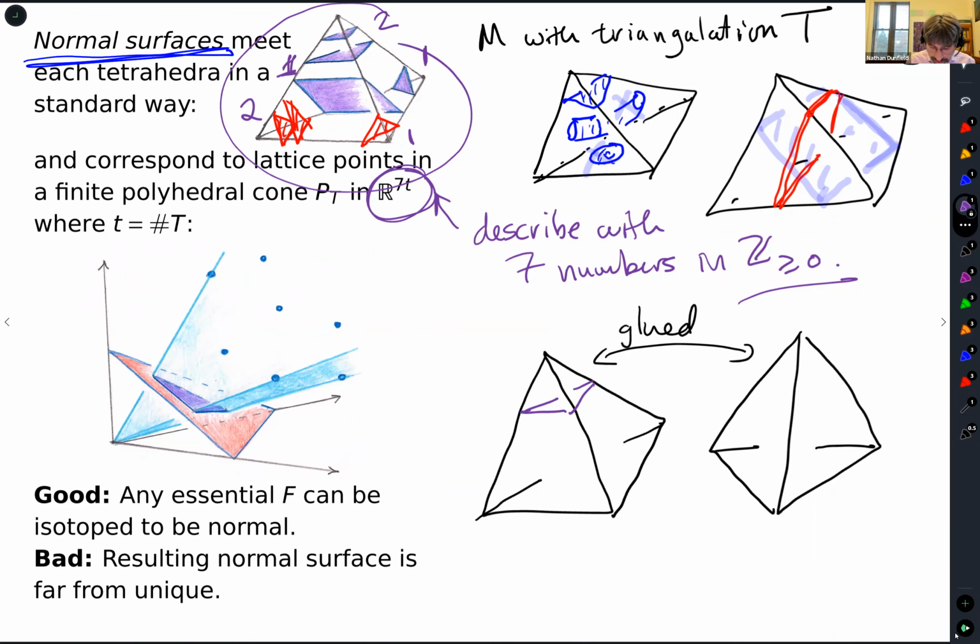And so maybe here is part of my normal surface. Let's say there are 3 disks, so I've got 2 triangles and one of these. And then over here, maybe I have this picture. I have 1 and 1.